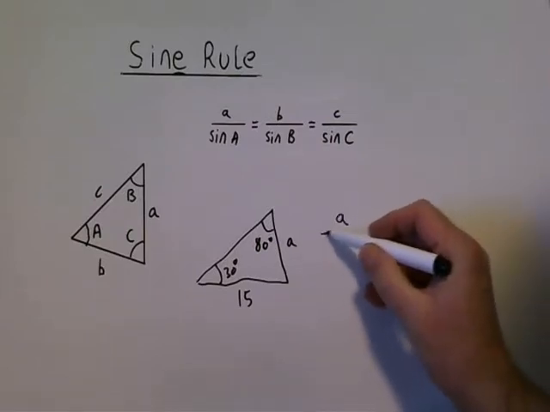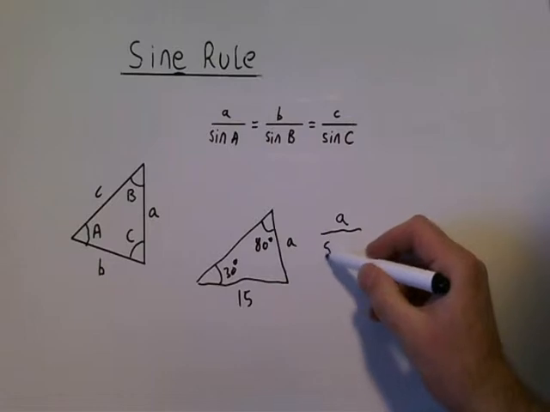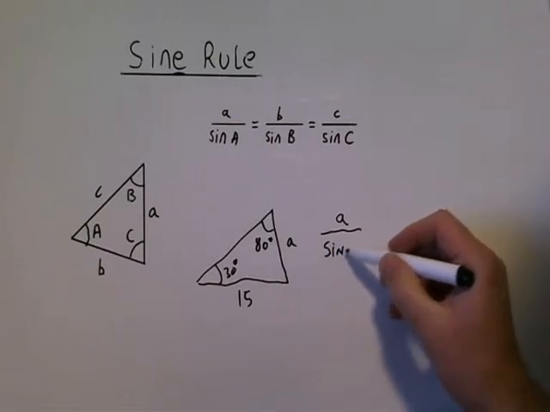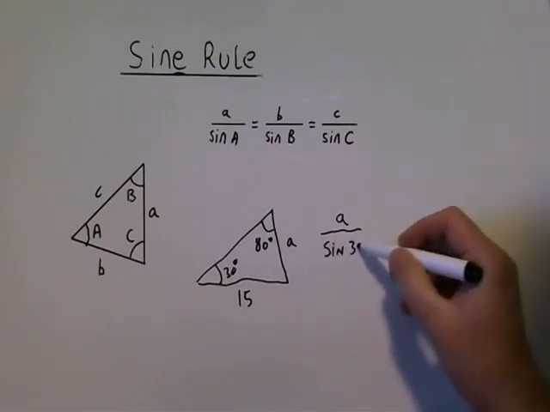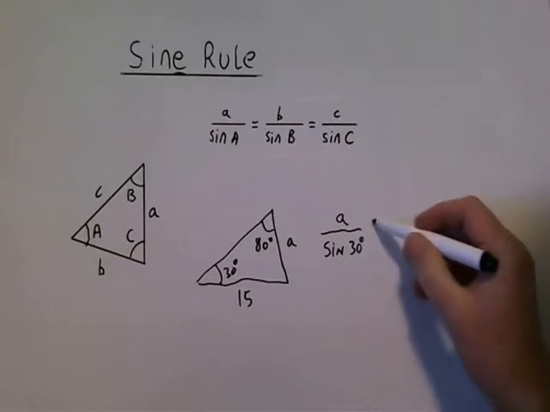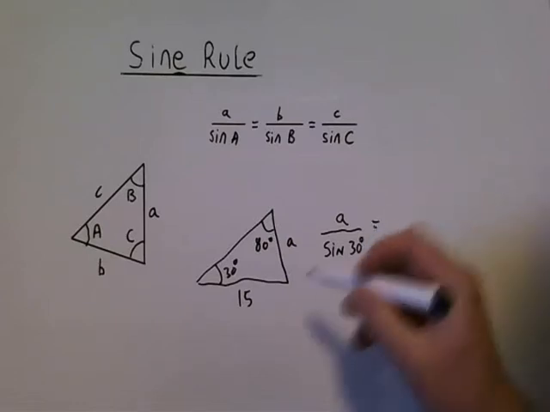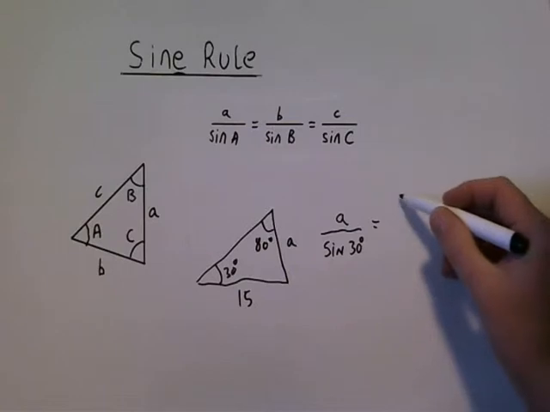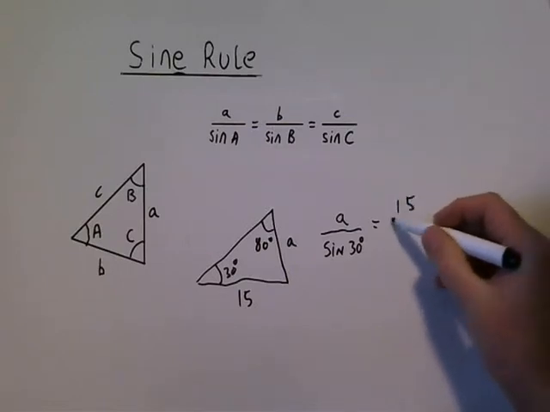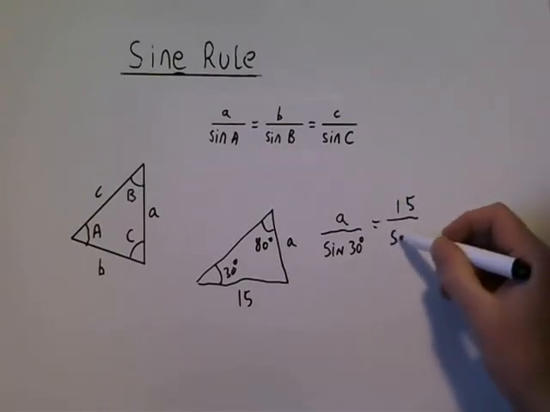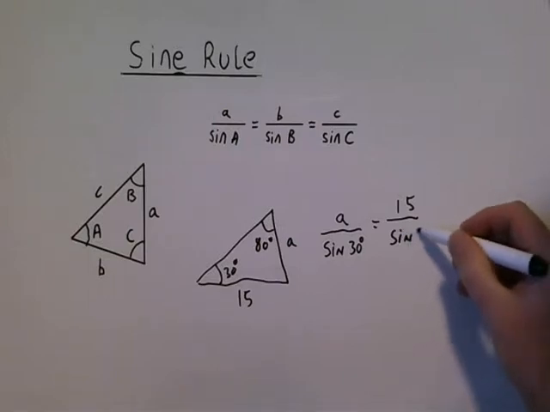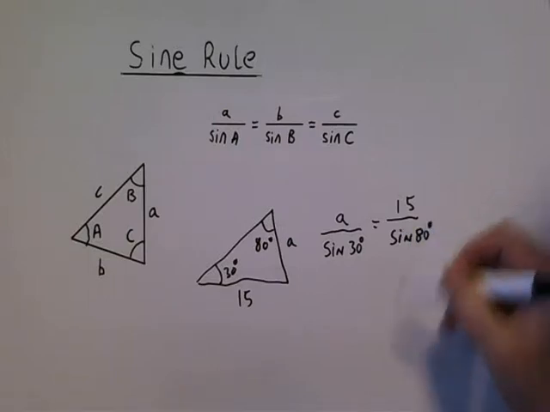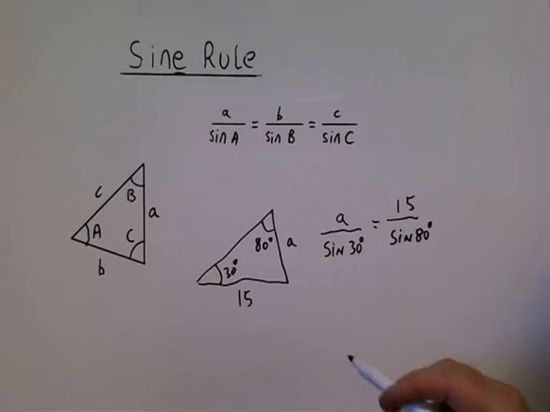a over the sine of 30 degrees, which corresponds to A, equals our b, which is 15, over the sine of 80 degrees. And we need to move this around a bit.